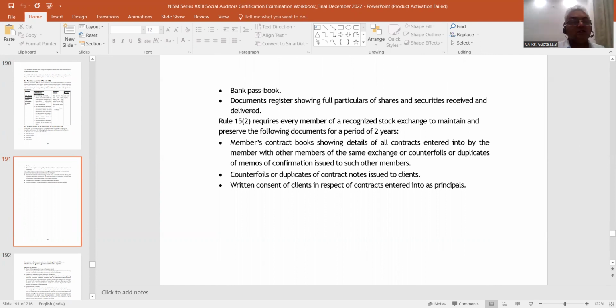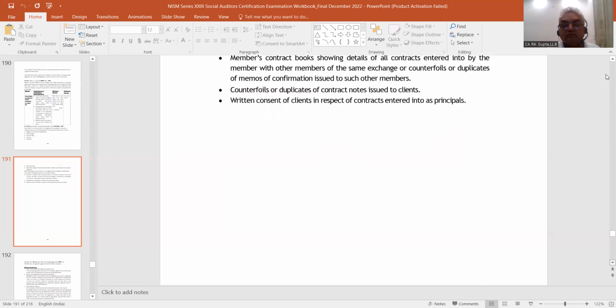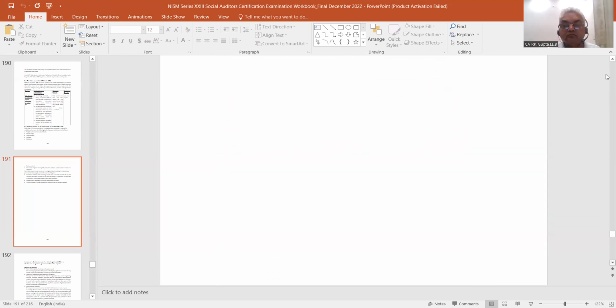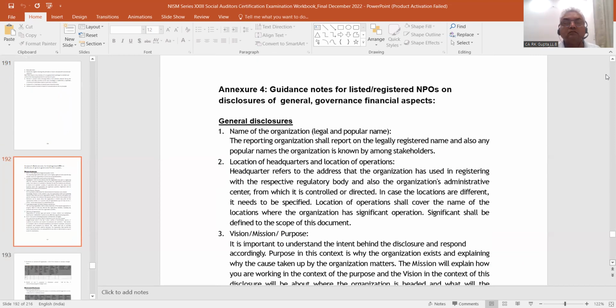So this is given on page number 191. This is the guidance note for listed or registered NPOs on disclosure. So general disclosures.